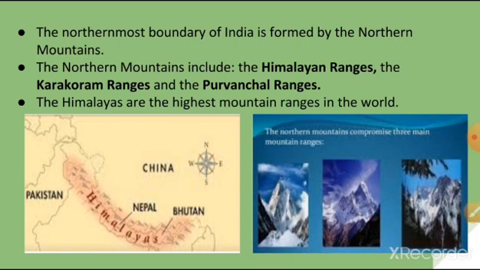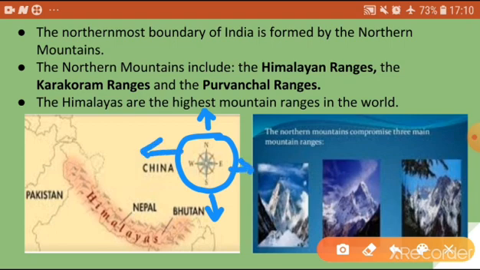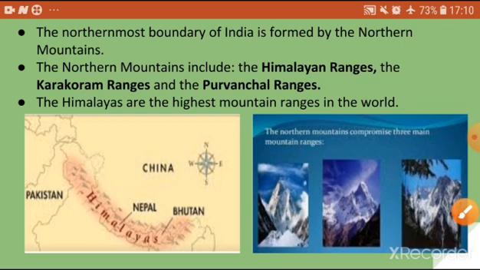The northernmost boundary of India is formed by the northern mountains. Look at this map. Here they have given a compass. In this you can see the 4 directions. N, the top of the map, N means north, and the bottom is S means south, and the right side E means east, and the left side W means west.